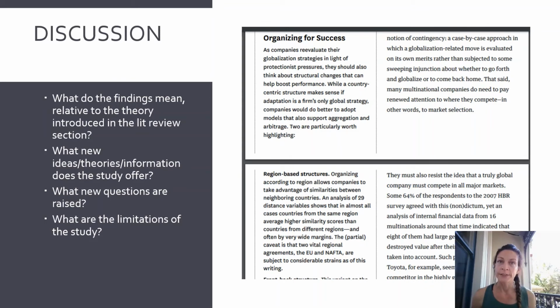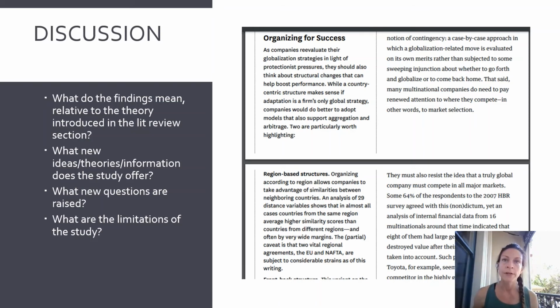Then you're likely to see what we call the discussion or synthesis section of the article. So this is really you doing your job as a scholar to tell us what this all means. What do the findings mean relative to the theory or ideas that you presented in the literature review? So this is where you're taking that literature, which normally will give you some kind of analytical lens, and you're going to apply that to the findings to tell us what they mean.